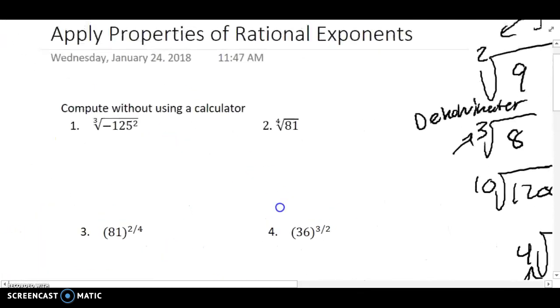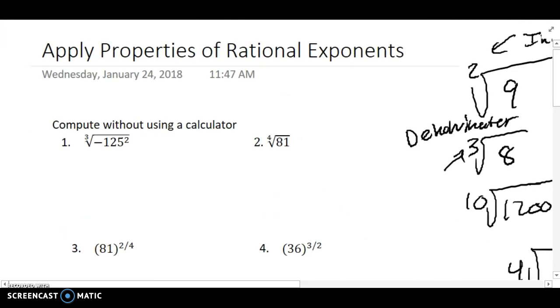Number 1 says compute without a calculator, which we can do because we have the 3rd root and a square. Just remember, we always root first when we do this. It technically doesn't matter, but rooting first helps. So we have a 3rd root, and we're just looking at this green highlighted part right now. That 2 is going to come down later. If you don't know the 3rd root, then we guess. Is it 1 times 1 times 1? No. 2 times 2 times 2?